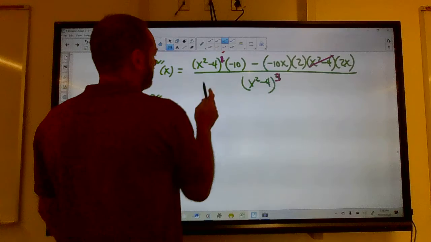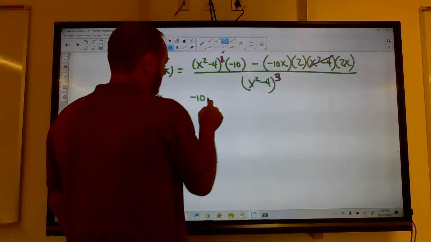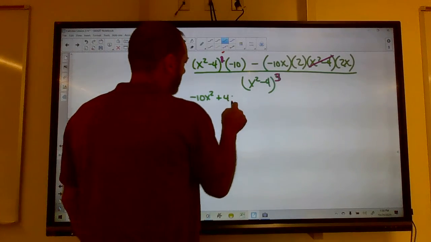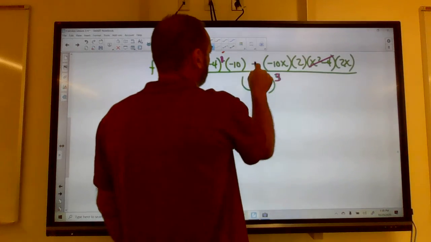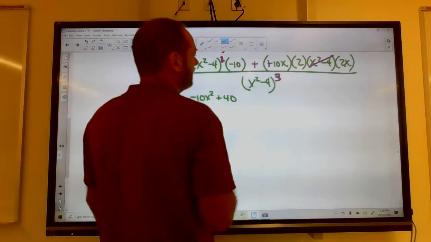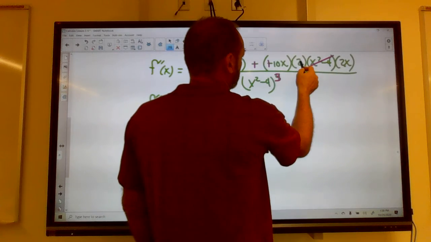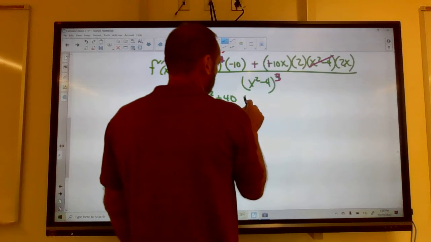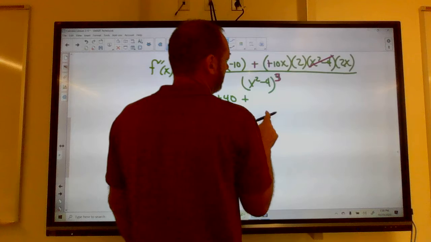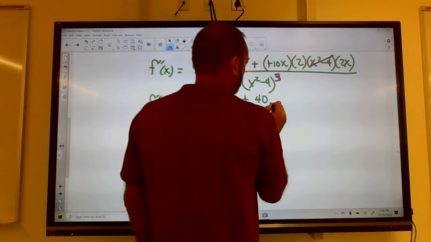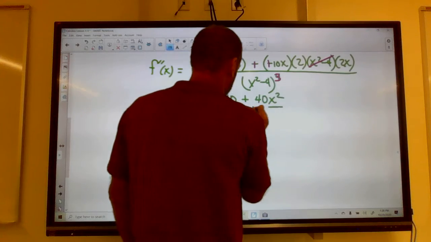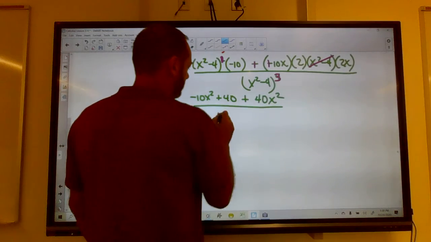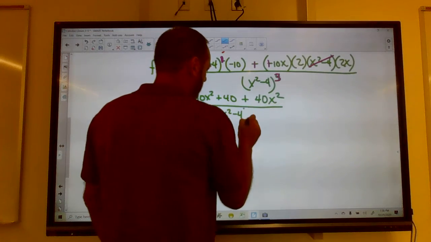And then I can distribute the negative 10. So I'm going to get negative 10x squared plus 40. These will cancel. And I'll get 2 times 2 times 10 is going to be 40x squared, all over x squared minus 4 to the third power.